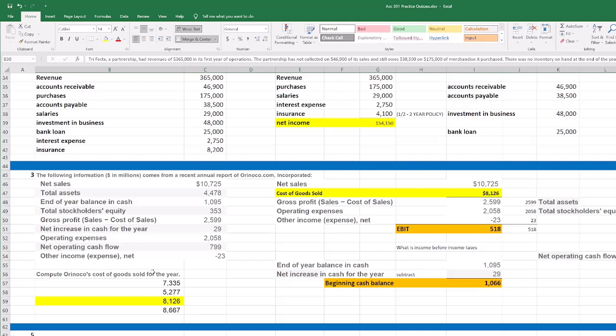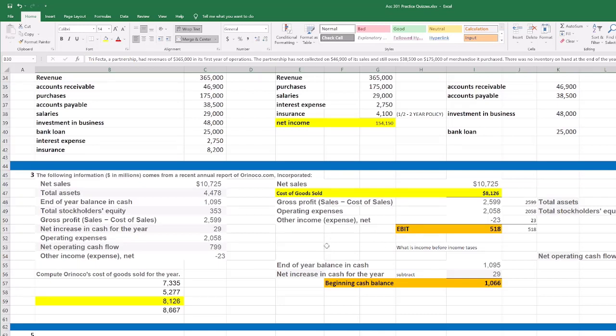So if it's asking for cost of goods sold, we just need net sales minus gross profit, and the difference is, so $10,725 minus $25,999 is a difference of cost of goods sold of $81,26.